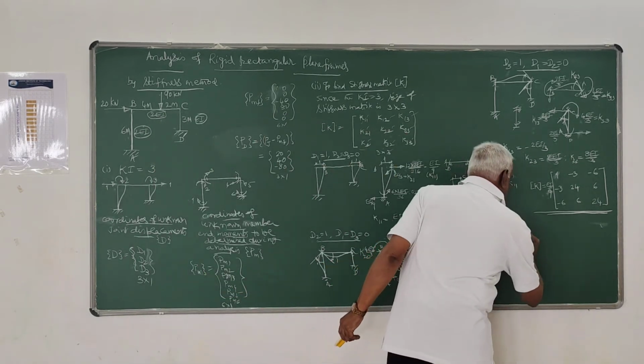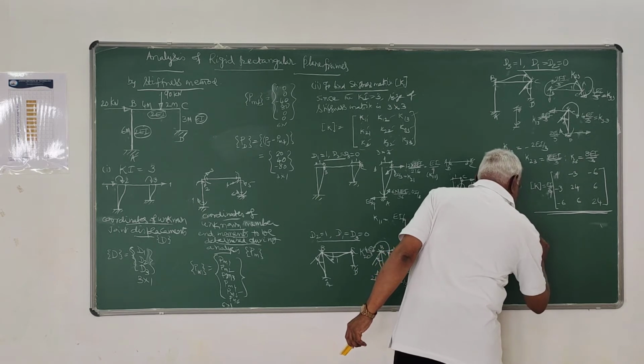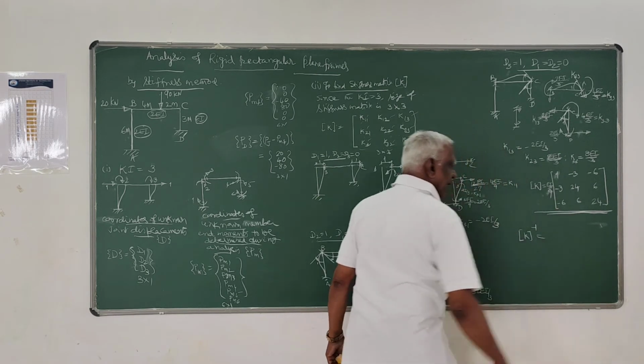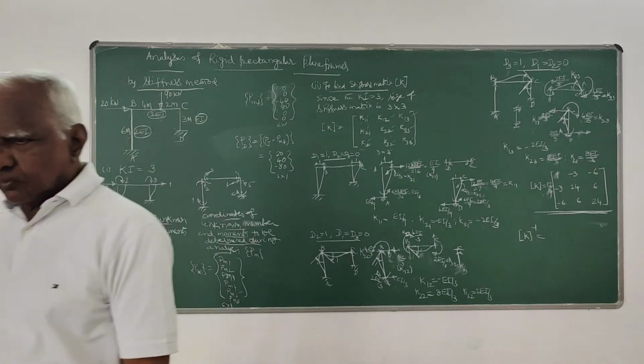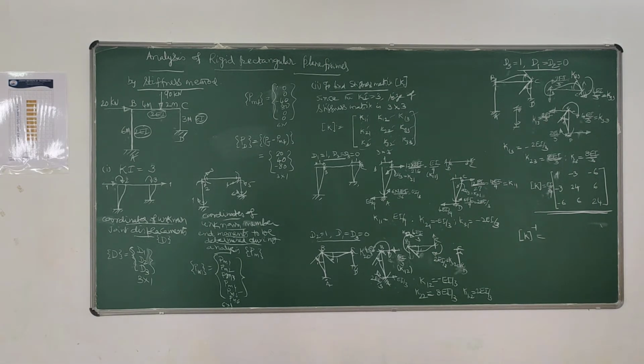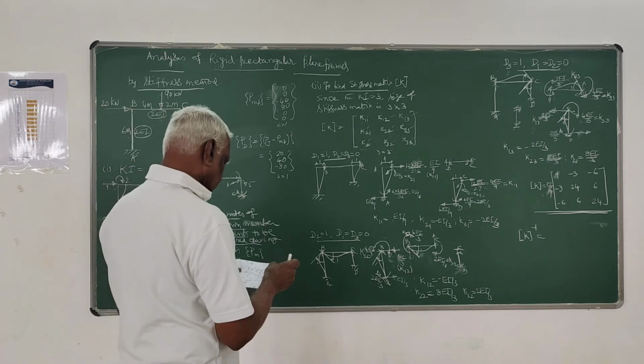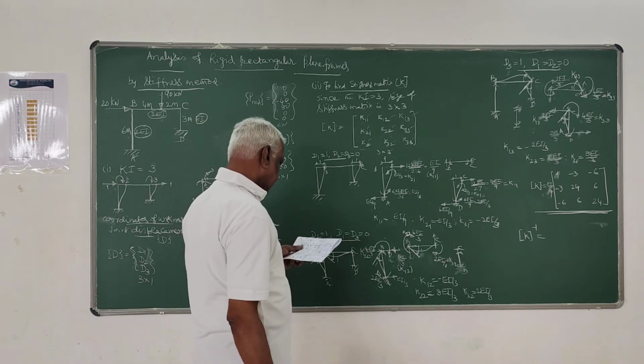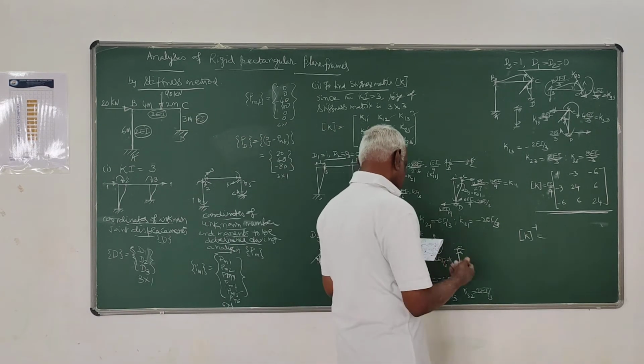Then you have to find K inverse. This is a 3 by 3 matrix, and you have to find the inversion of this matrix. I will give you the inversion, or you can use your programmable calculator and get the inverse. I have already got this inverse.